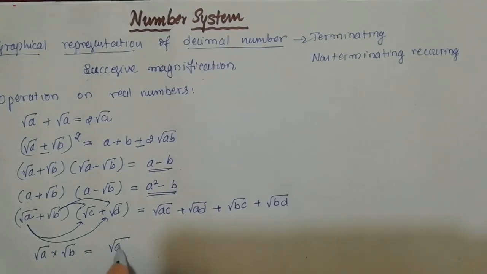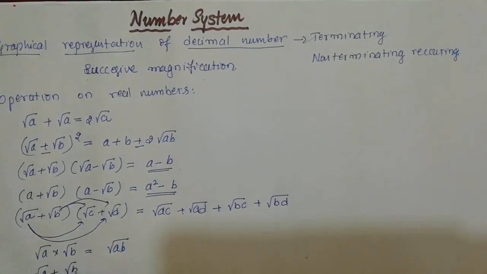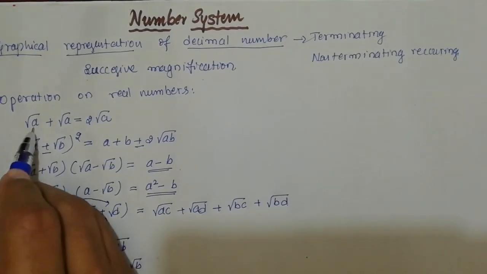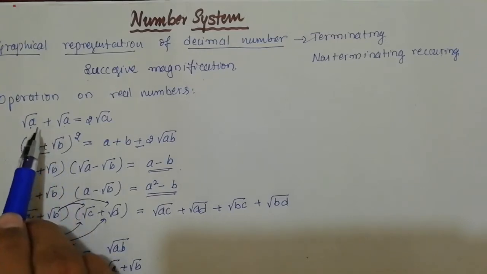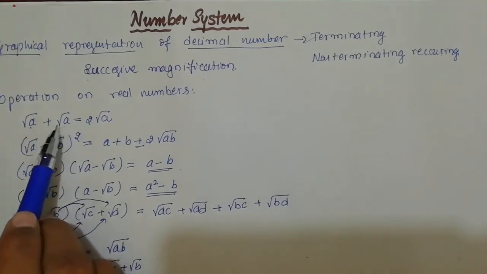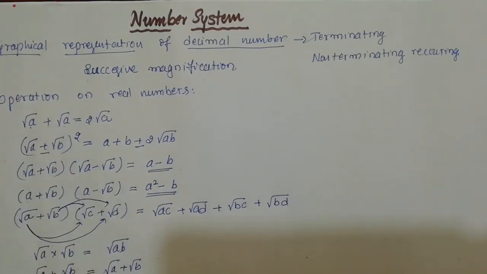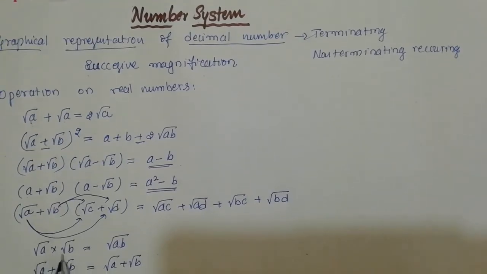Also remember this one: root a into root b is equal to root ab. But remember, root a plus root b addition is not possible. You can write it as it is, root a plus root b. But if it is root a plus root a, then it is 2 root a. You can add the numbers within the square root only when the root contains the same number. Otherwise addition is not possible. But multiplication, root a into root b, you can write as root ab.